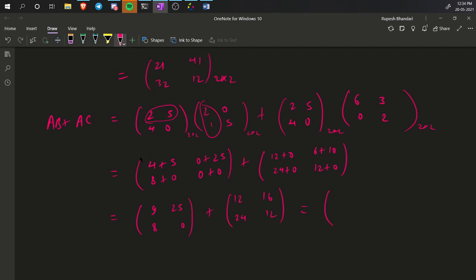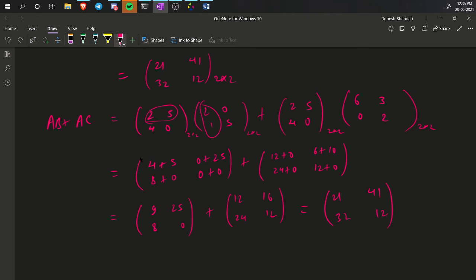So this will be 9 plus 12, 21, 8 plus 24, that just means 32, right? 16 plus 25 will be 41, and then 0 plus 12 will be 12.